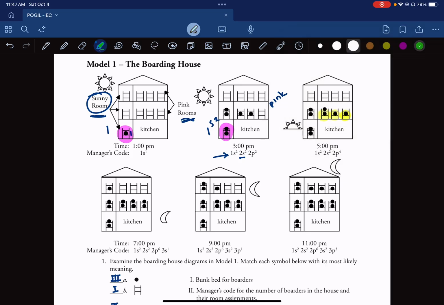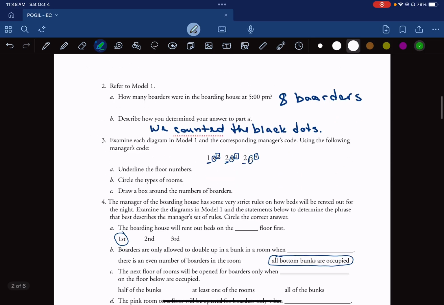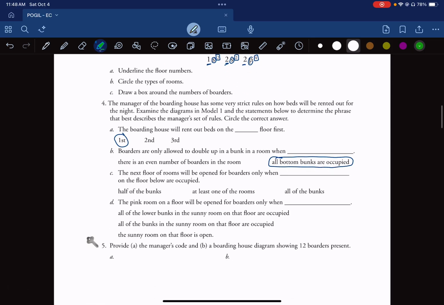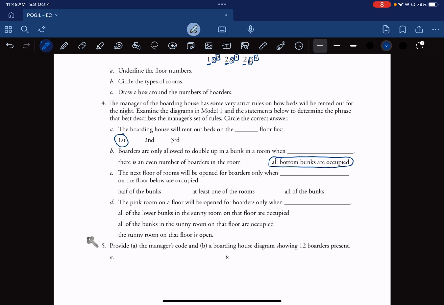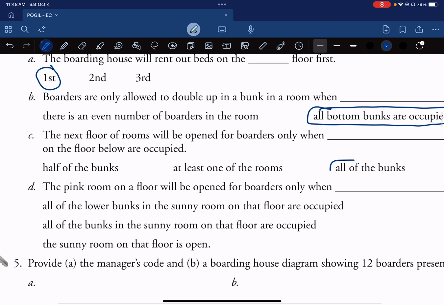It does not look like we are adding any more boarders on a higher floor until the lower floor is full. And so right here you can see our manager filled up the second floor and then opened up that third floor for boarders. So that is the case with that one. Okay, so all the bunks below have to be full.